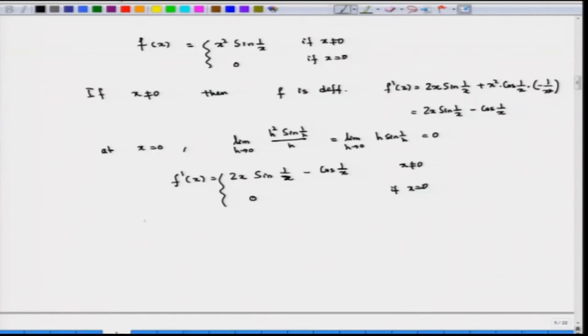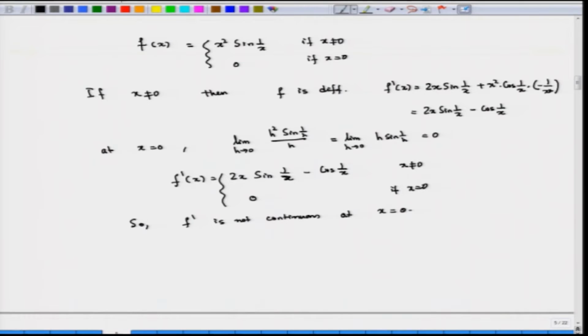So f prime is not continuous at x equal to 0. So here is a function which is differentiable everywhere, and yet f prime is not continuous.